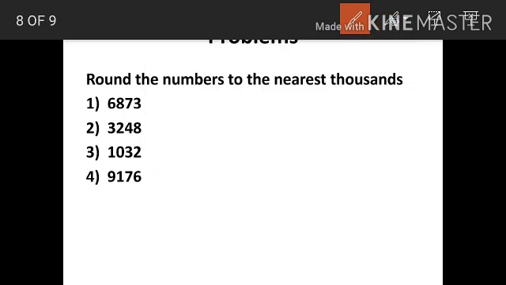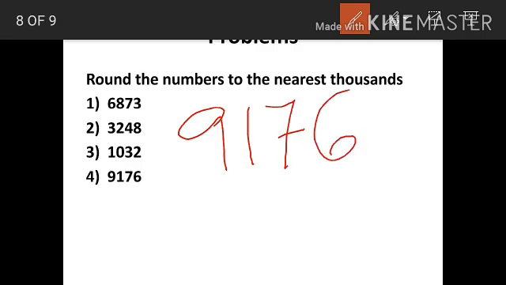The last question. It is 9,176. When we are rounding this off to the nearest thousand, we know that 1 is less than 5. So when we are rounding this off, we'll put the digit at thousands place there itself.